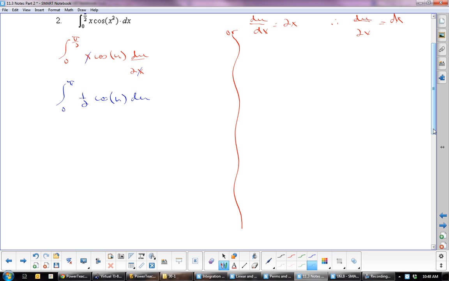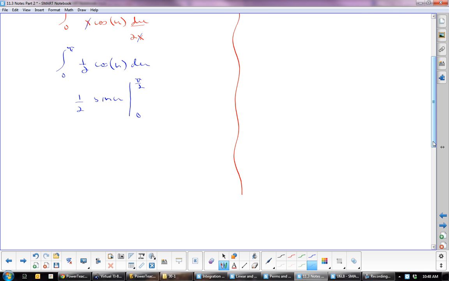Okay, now if I do the integral of cos u, I would get sine u. And then that is from 0 to pi over 2. Okay, so on the left side I'm going to substitute my u back in, which is sine x squared, from 0 to pi over 2.